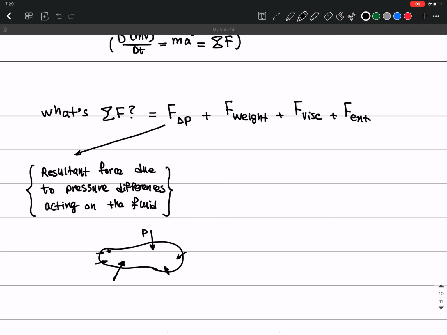So in order to calculate the net pressure force, for each pressure, I have this n, the normal vector. I can calculate this normal vector, that is not necessarily in the same direction as the pressure.